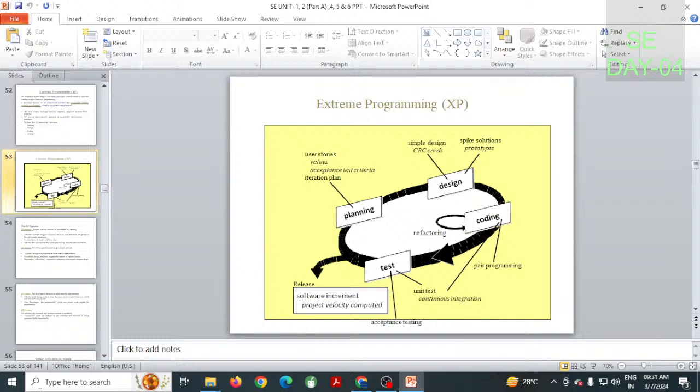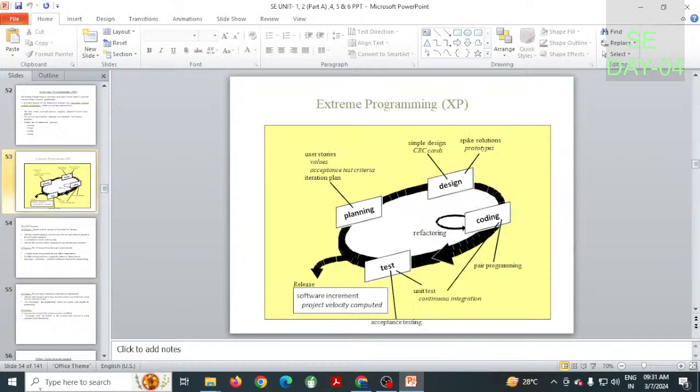There is planning, design, coding, and test. After completion of these four steps, the product is released. That is the graphical representation of extreme programming.